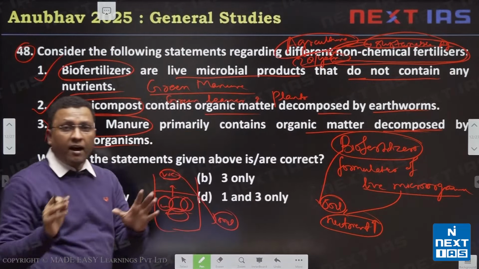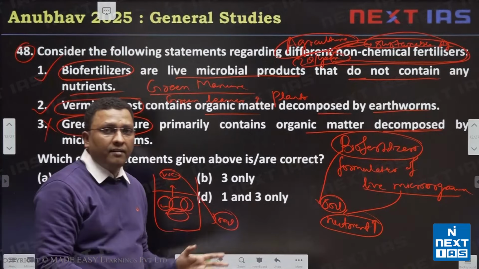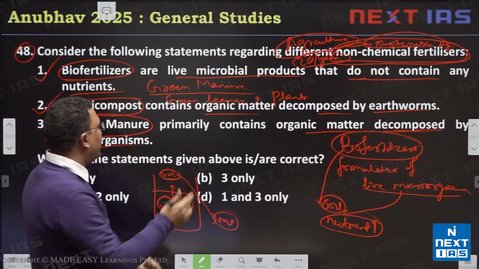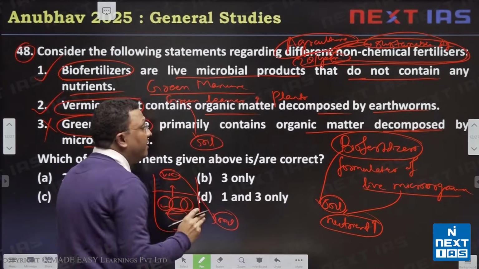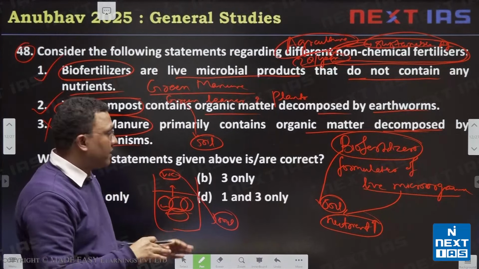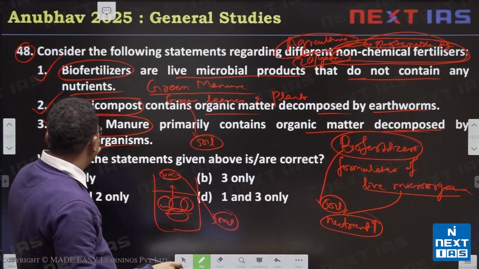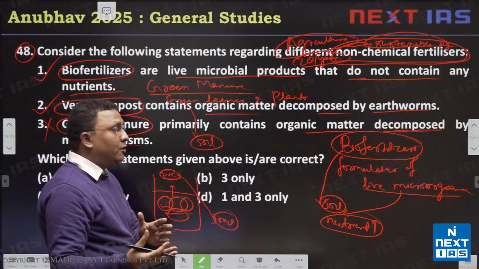So basically plant leaves are collected, or some complete plants are collected, and they are directly applied to the soil, right? In an undecomposed state, right? Their decomposition takes place once they are applied to soil. So green manure is basically undecomposed when it is applied to soil, right?